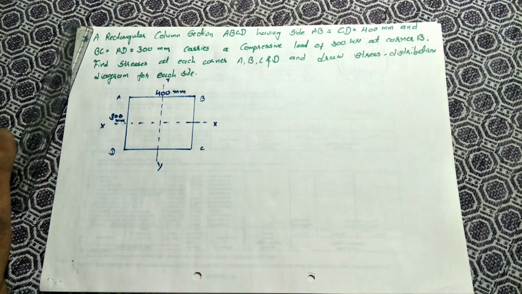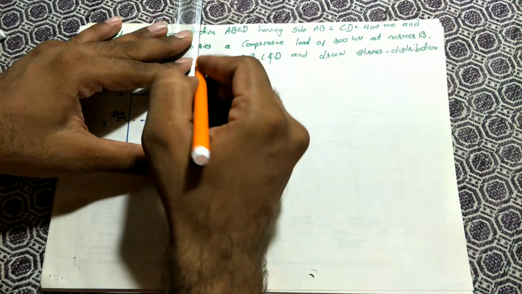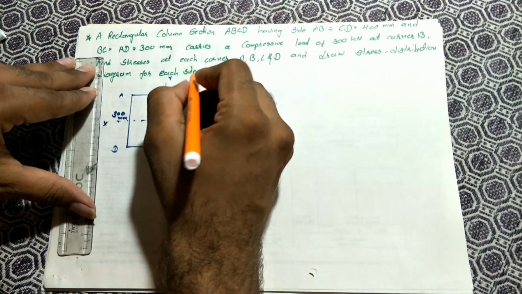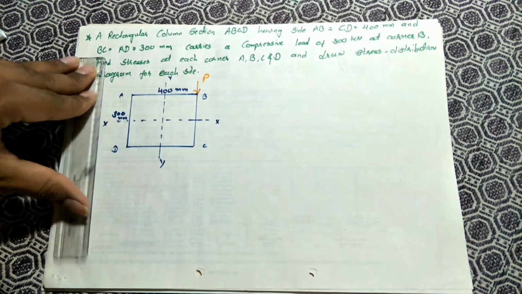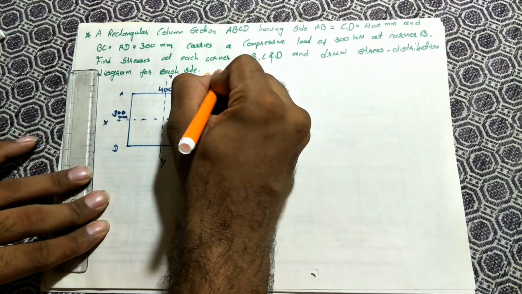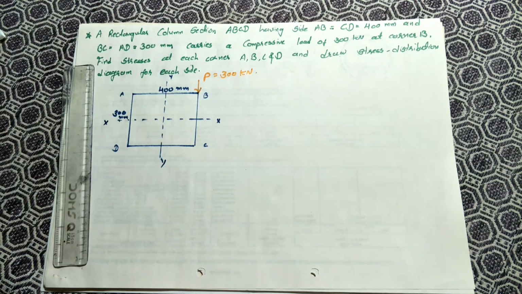Now at corner B we have a 300 kilonewton load acting. This is my P value, that is 300 kilonewton. So this type of loading is called eccentric loading.